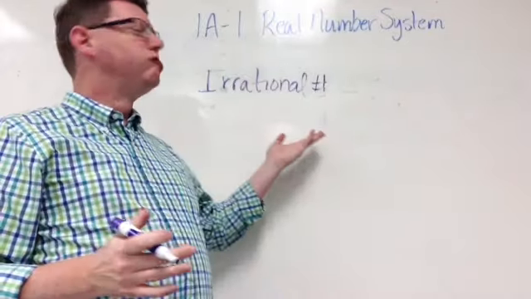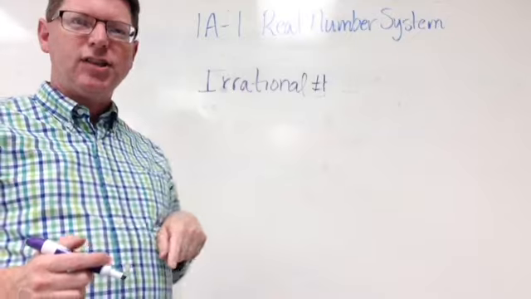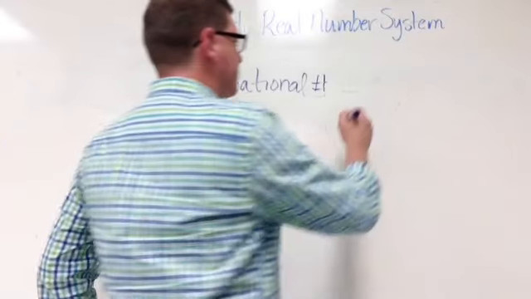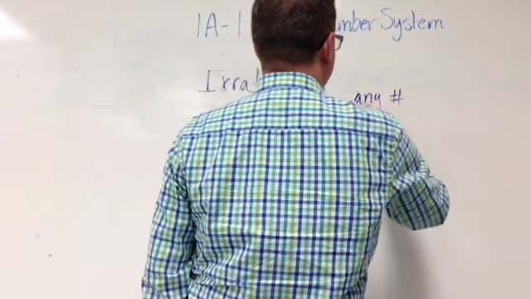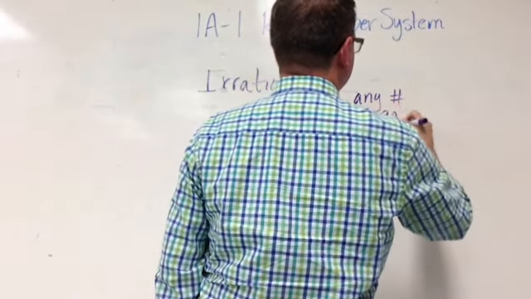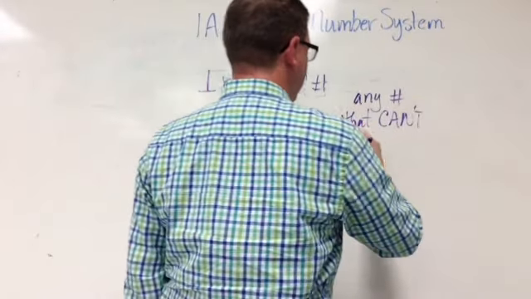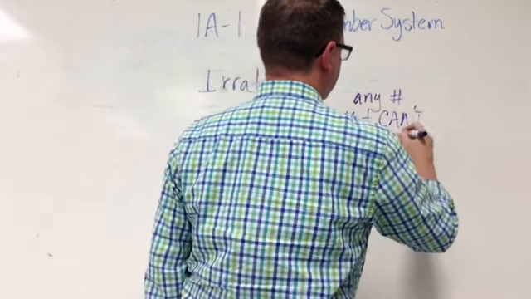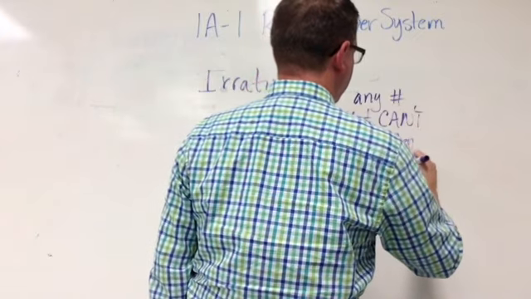Here is the description of an irrational number. It's going to look a lot like the last one. Any number that can't, and I'm going to capitalize can't, be written as a fraction.